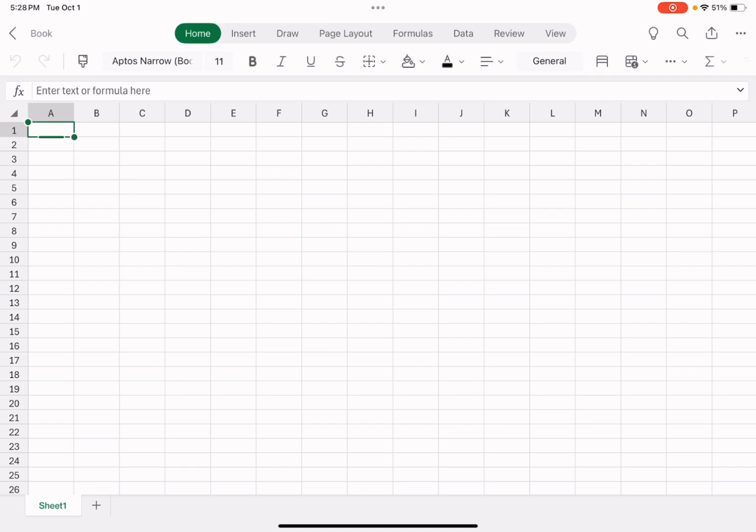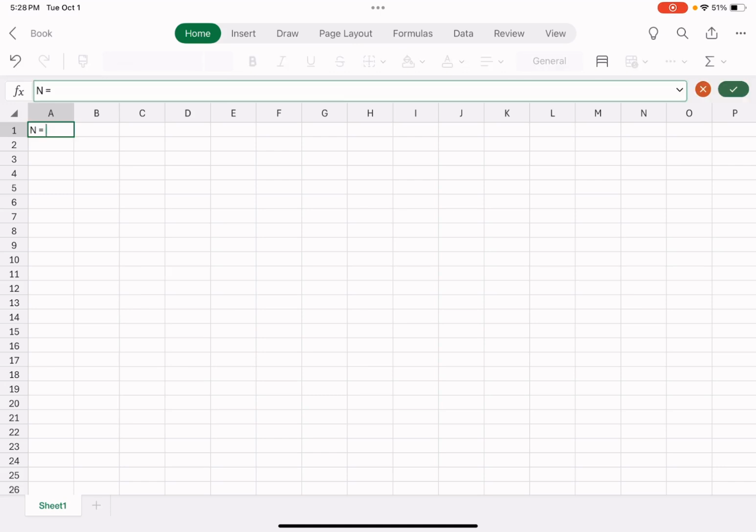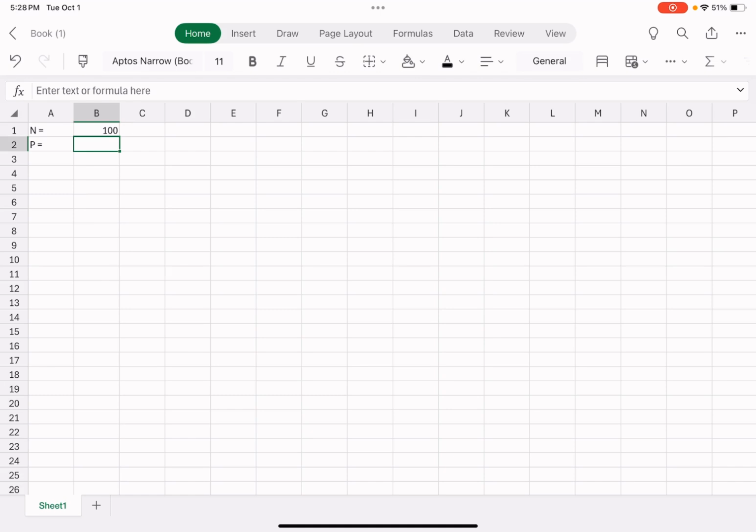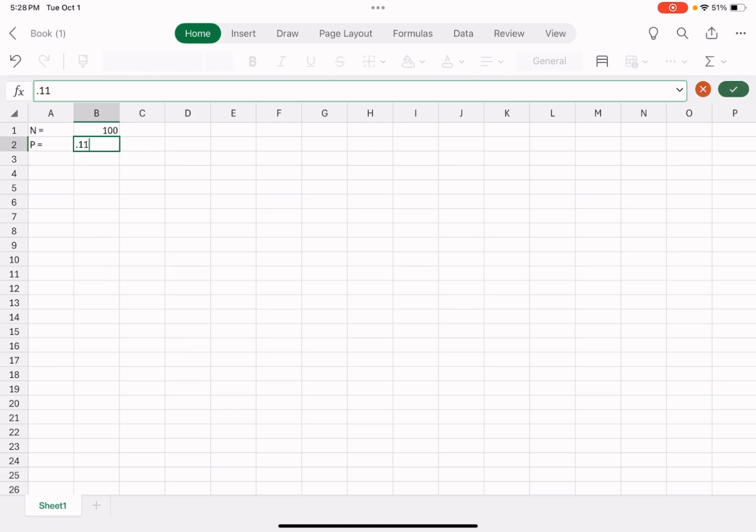Pull up just a normal scratch worksheet, Excel sheet, and let's compute this probability. So I'm just going to say n equals 100, p equals 0.11, x equals 20.